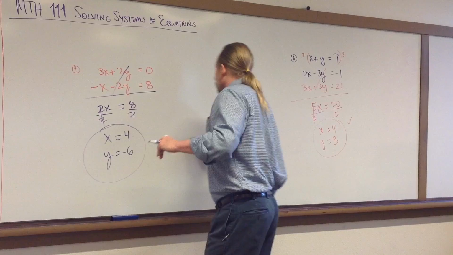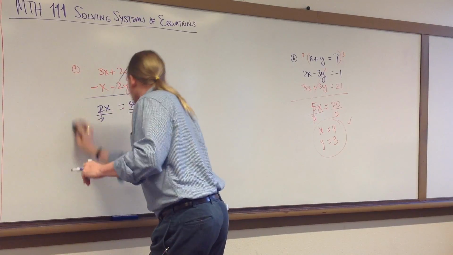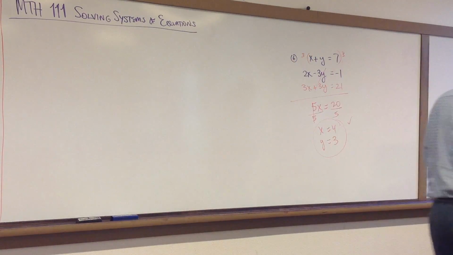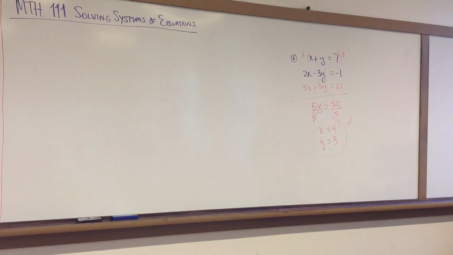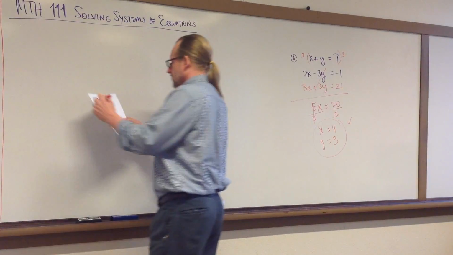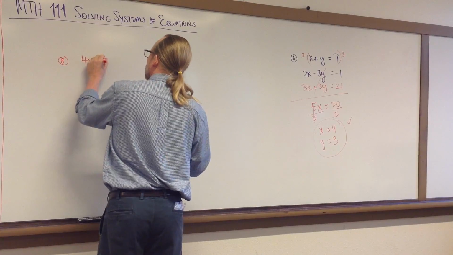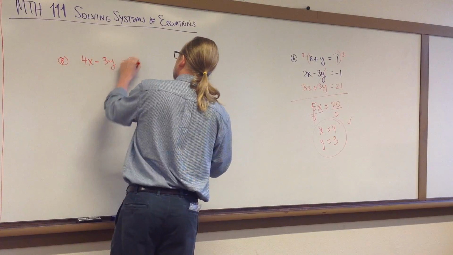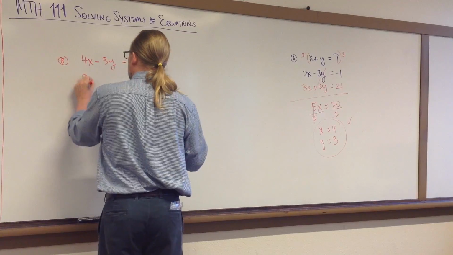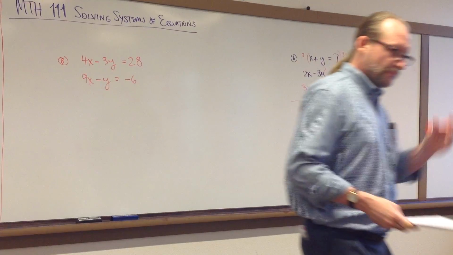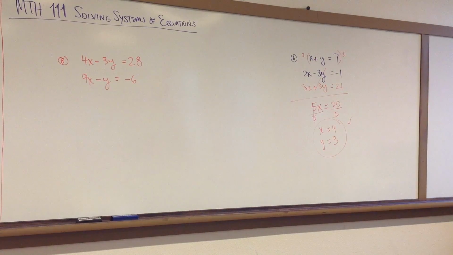All right, let's look at a couple more of these. Let's see here. Problem 8. 4x minus 3y is 28. 9x minus y is negative 6. Well, I think I'll do this by substitution.